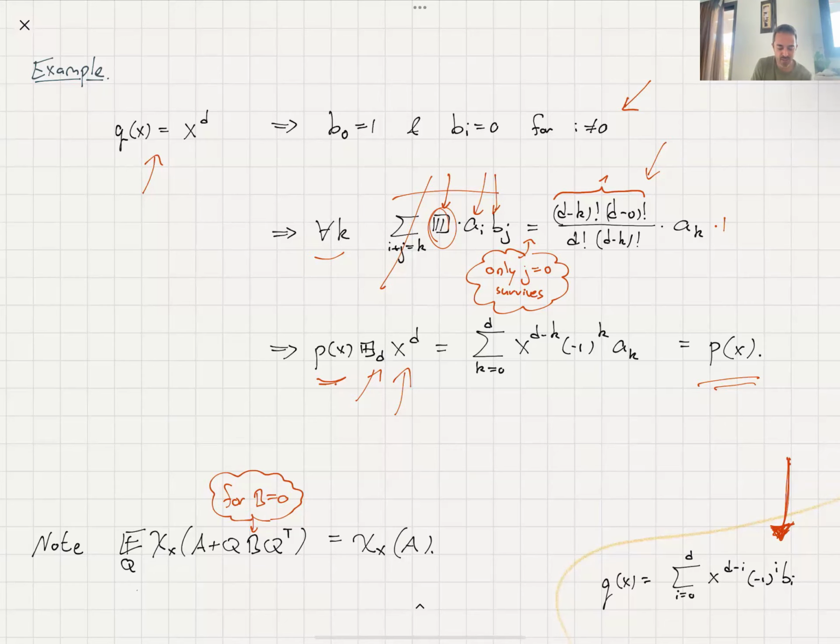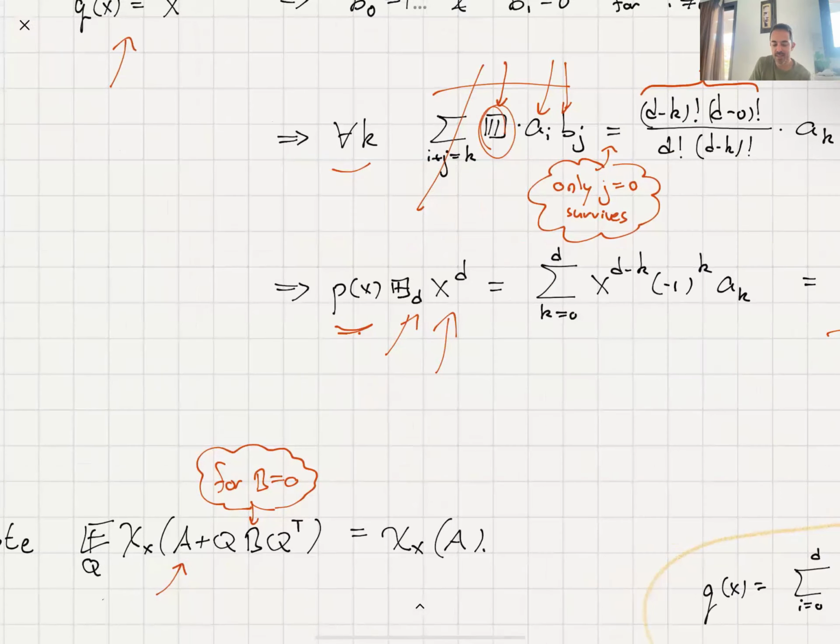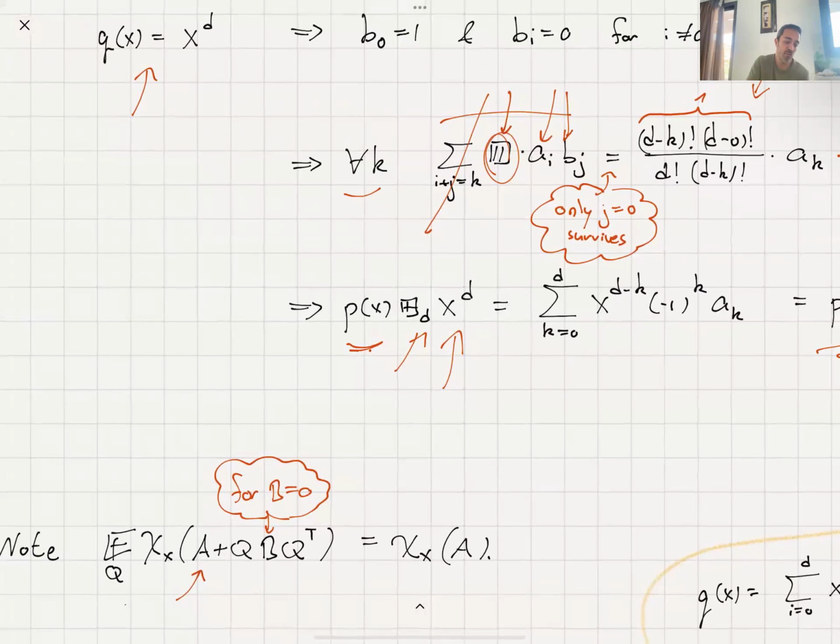So you can just take A to be any normal matrix whose eigenvalues are the roots of P, and B is going to be the zero matrix, which has only zeros as its eigenvalues, of course. Then the old definition of the additive free convolution of these two matrices, well, B is 0, so everything vanishes, and you get back P of x, the characteristic polynomial of A.